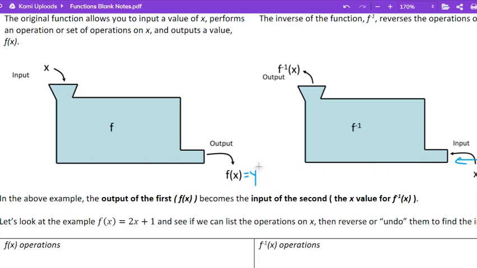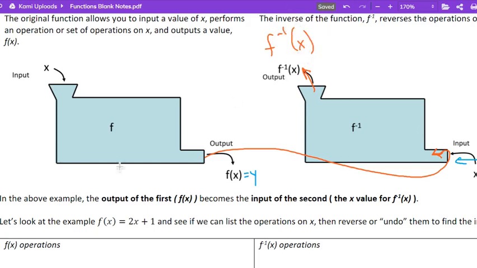Whatever was spit out of the original function machine gets placed back in the inverse function machine. It goes backwards, does all the opposite operations, and what gets spit out? Well, the f inverse of that function.